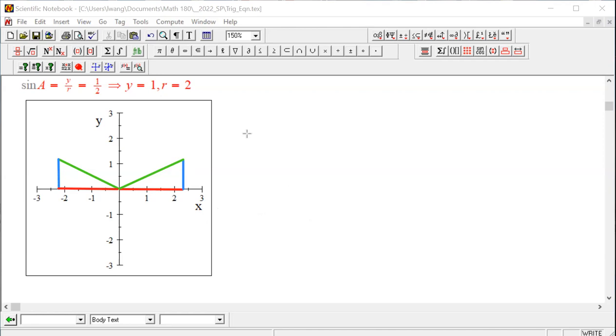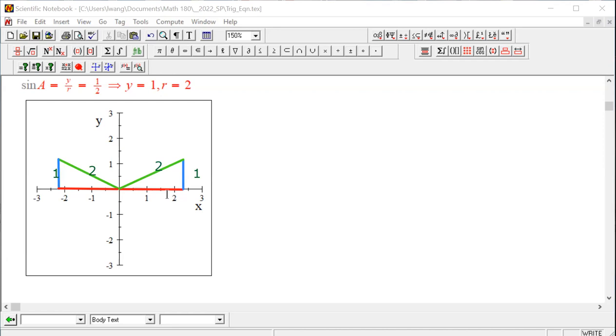So let's mark these numbers. This is 1, and this is 2, and this is 1, and this is 2. Let me put the 1 outside so it looks better.